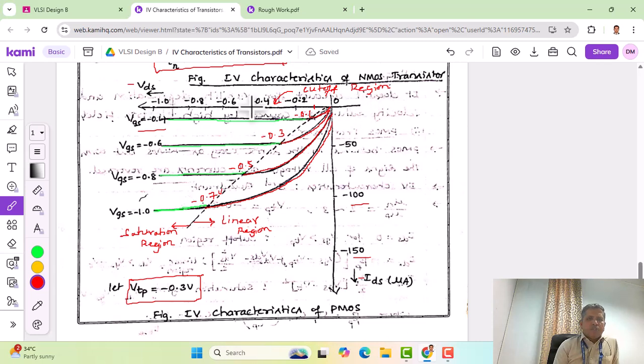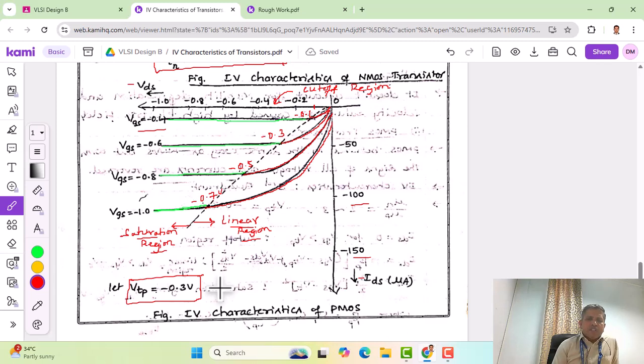This complete boundary is for the linear region, and this complete boundary is for the saturation region. So this line here is the mathematical boundary between the linear region and the saturation region. So this is how one can plot the characteristics of a PMOS transistor, assuming threshold voltage as minus 0.3.